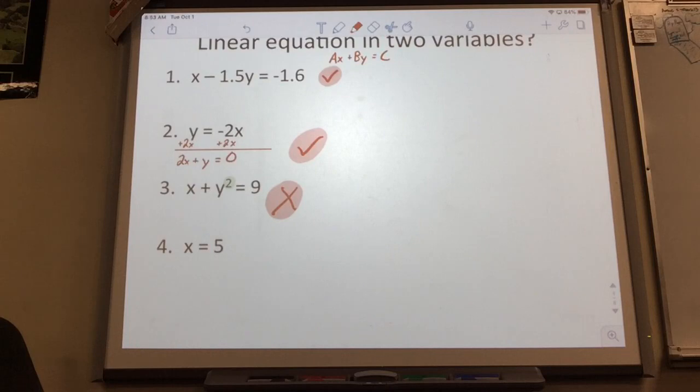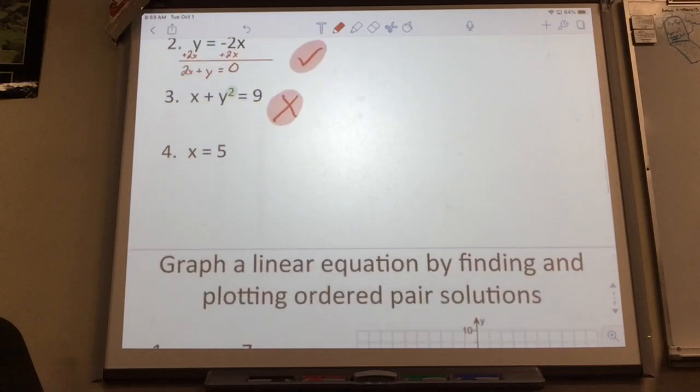Okay, last one. Is that linear in two variables? Well, yes, because the y is 0, isn't it? Yes, so the y's not there. However, it could still be written as Ax plus By equals C. So it can still be written that way.